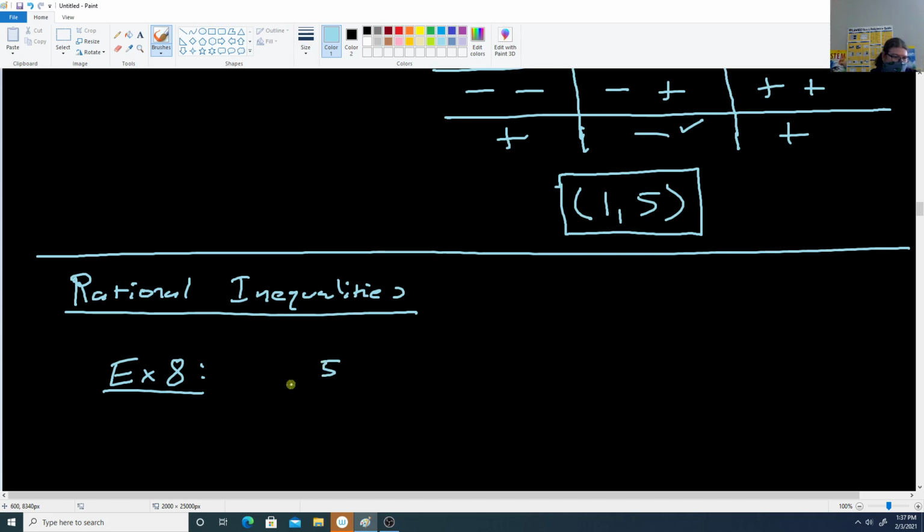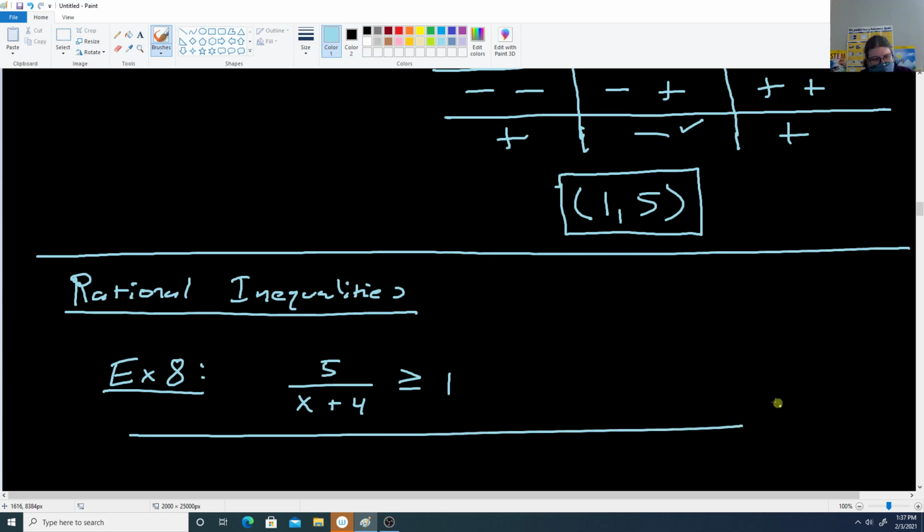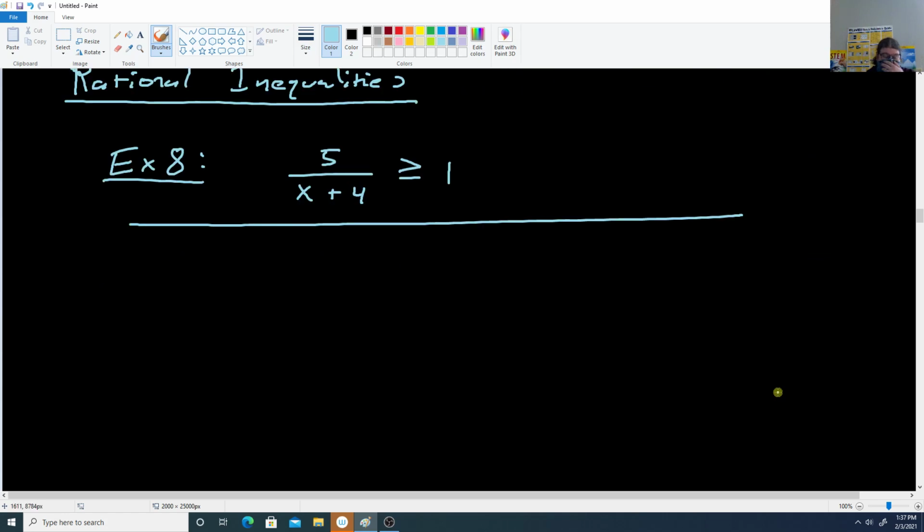They give us 5 over x plus 4 is greater than or equal to 1. So step 1, we got to get everything on the same side and got to get our inequality compared to 0. So we're going to scoot the positive 1 across the inequality as a negative 1. We'll get 5 over x plus 4 minus 1 is greater than or equal to 0.